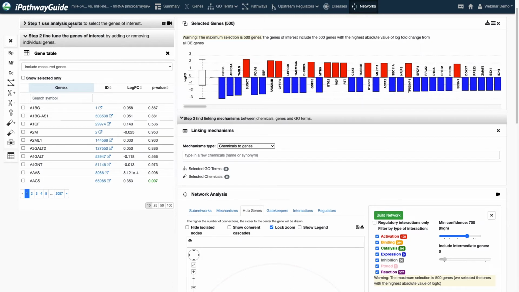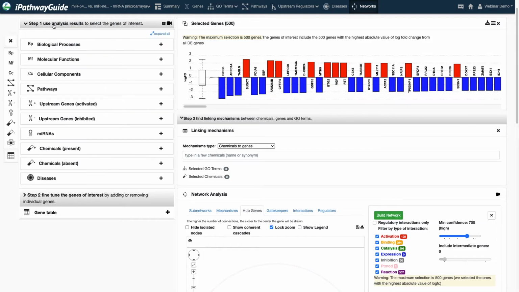Step 1, use your analysis results to select the genes of interest. So you could say, for example, we know based on the results that TP53 is really important here, right?